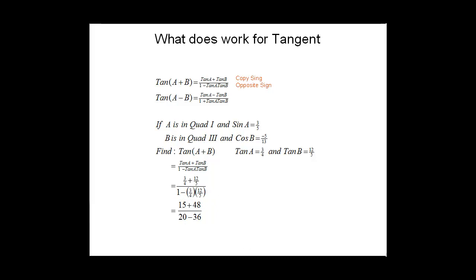Then you can clean this up, and you will get 15 plus 48 is 63, and again I put the negative on the top as I usually do, and then 36 from 20 is 16. You could put that 63 over negative 16, that would work also.